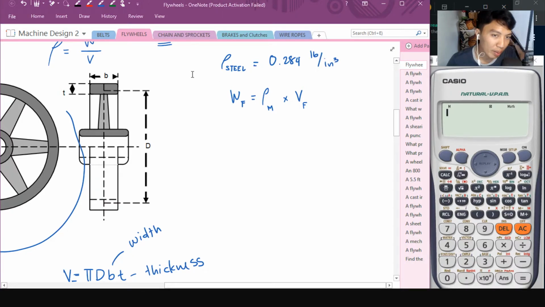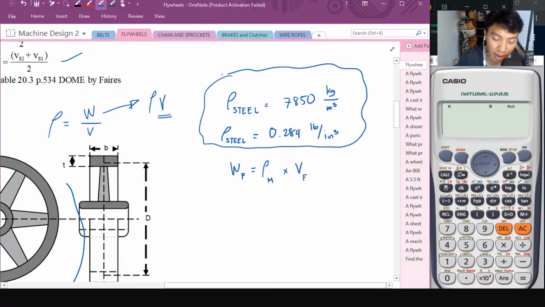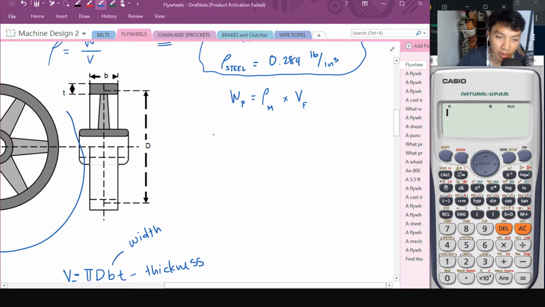We have another value given. If I'm not mistaken, the density of steel in SI is equal to 7,850 kilogram per meter cube. That is its density. Remember these two, because they are not given in the board exam.